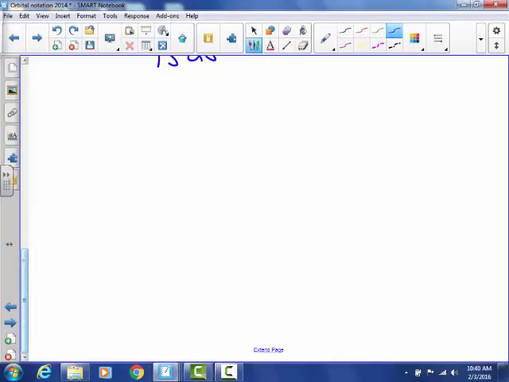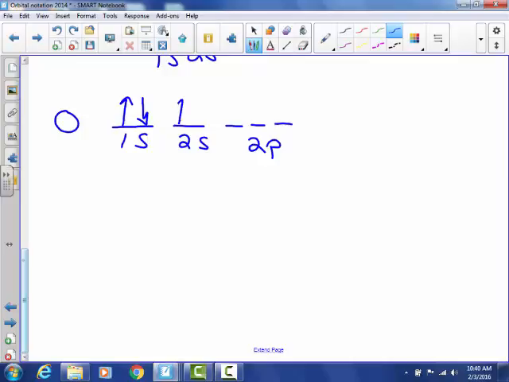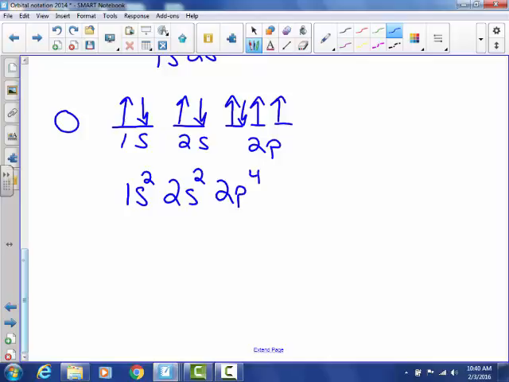Let's get into a little bit higher. Let's go to oxygen. I'm going to do one more this way, and then I'm going to start getting rid of this. So this is our orbital notation for oxygen. But electron configuration notation just gets rid of that. So 1s2, 2s2, 2p4.